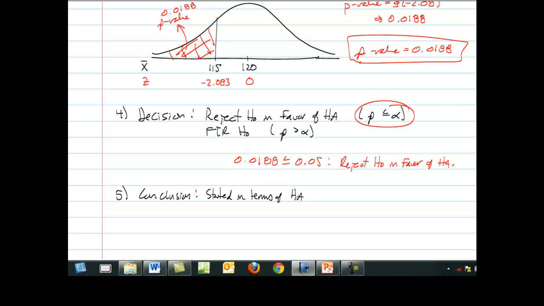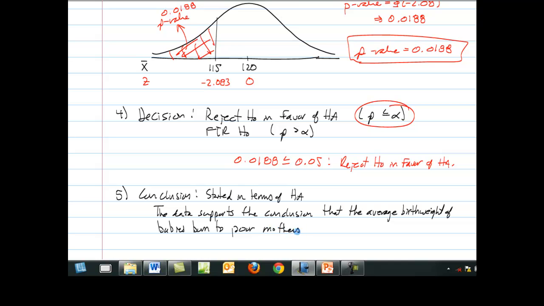So basically we're saying the data supports the conclusion that the average birth weight of babies born to poor mothers is less than 120 ounces.